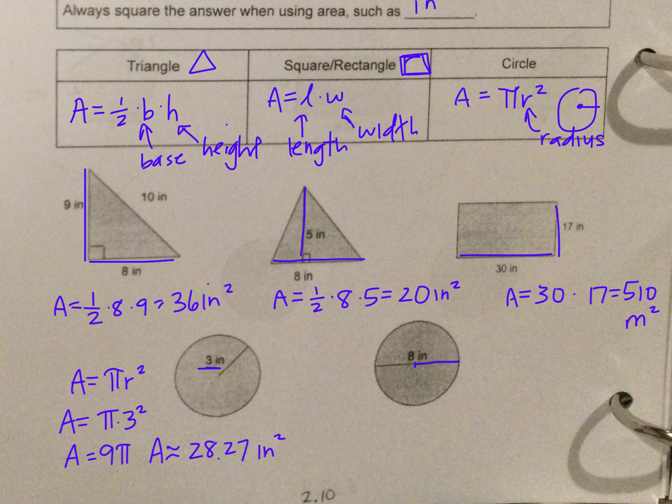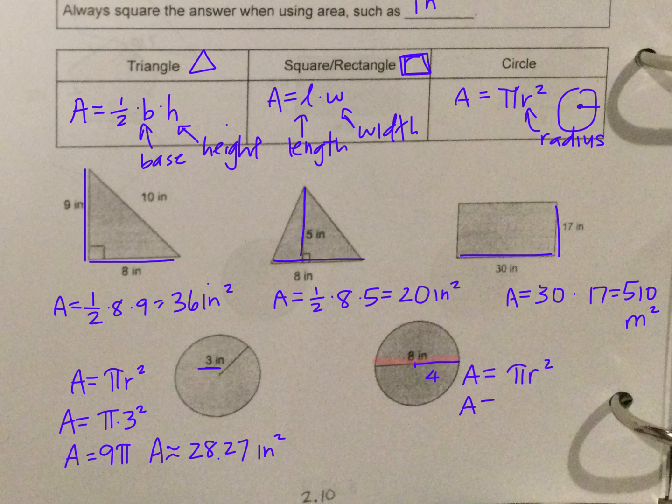Now this one is a little bit of a problem because my formula is only good for a radius, but right here I have a diameter that goes all the way across. So I'm going to have to half that, and I know half of 8 is 4. So my formula is going to be A equals pi r squared.